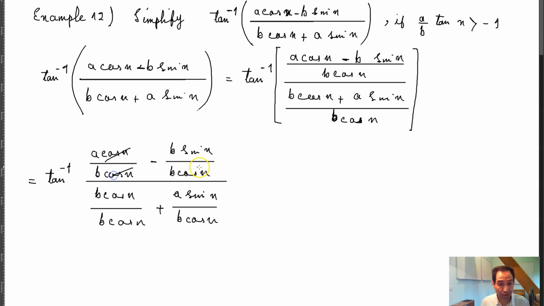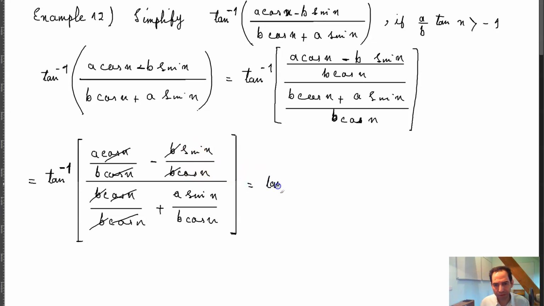Then cos x and cos x cancel out, b and b cancel out, and so you have basically a by b minus tan x.